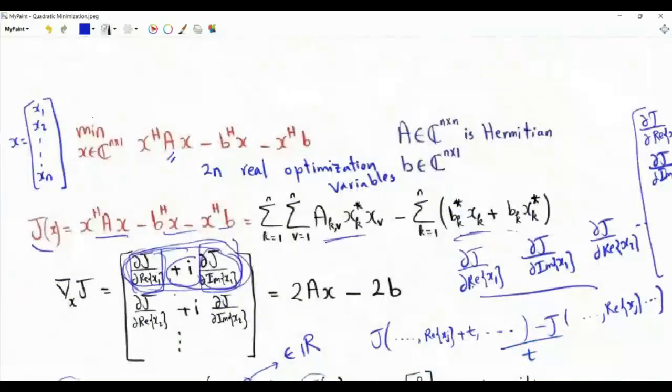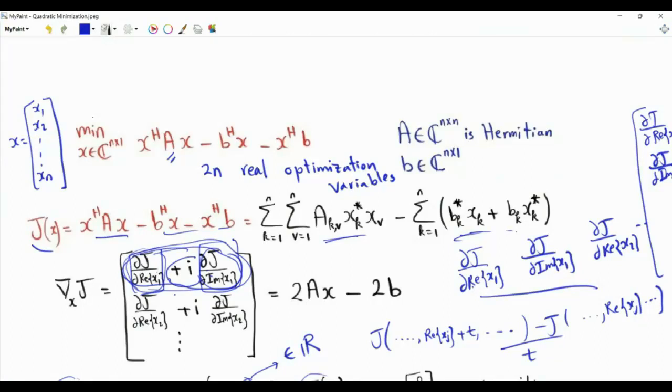So matrix A is a Hermitian matrix, okay? And because it is a Hermitian matrix, its eigenvalues are guaranteed to be real valued. So the eigenvalues are real valued. There are no doubts. This is a theorem. But the question is, do we have negative eigenvalues?